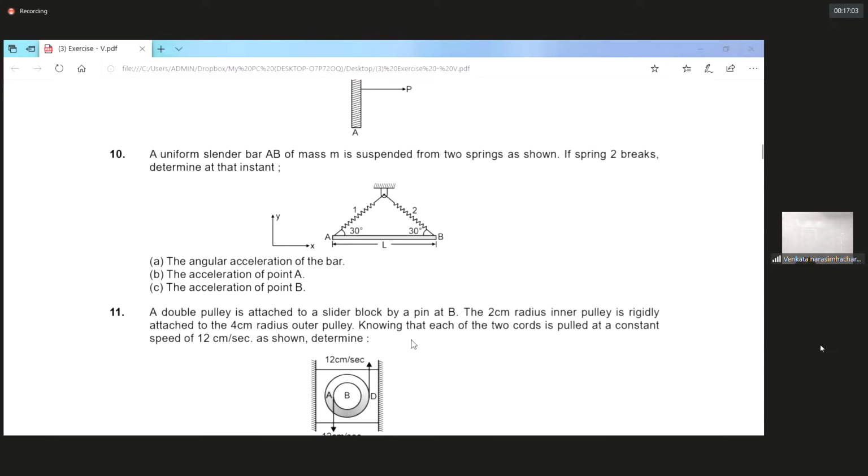For this C part, when we are taking the tangential acceleration, that will be in the downward direction, right? With respect to the center of mass. Yeah, sir.